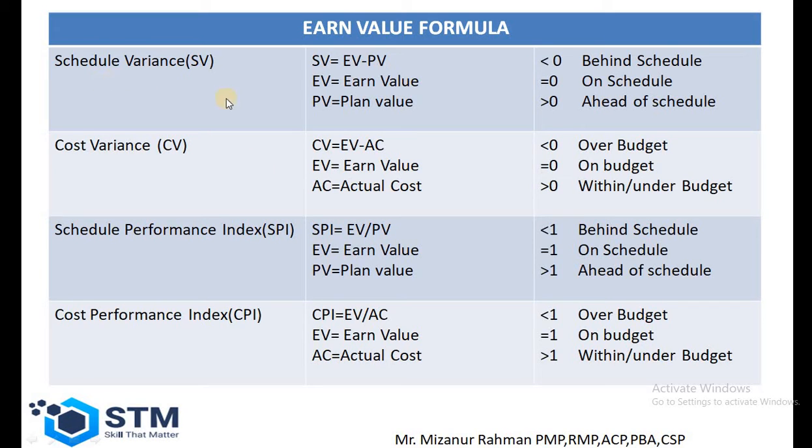If we come to the schedule variance, schedule is related with the plan value. So schedule variance will be the difference between the earned value and plan value. The cost variance will be the difference between the earned value and actual cost.